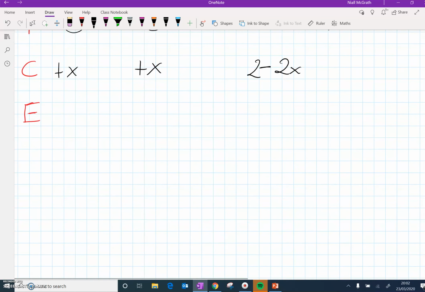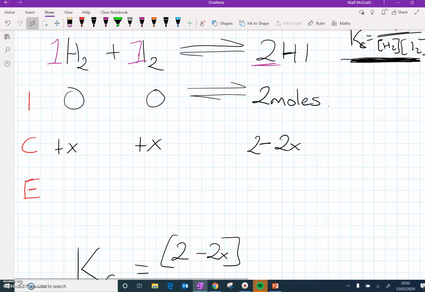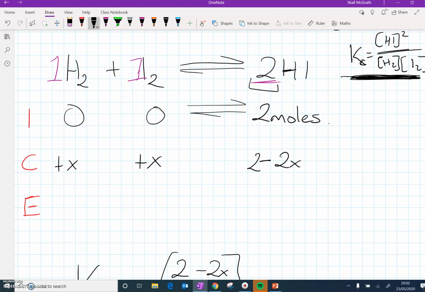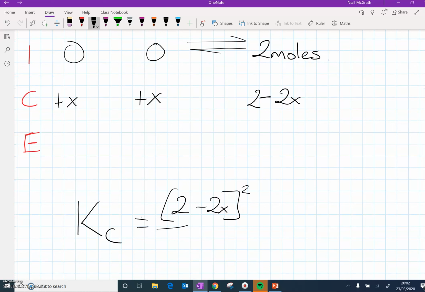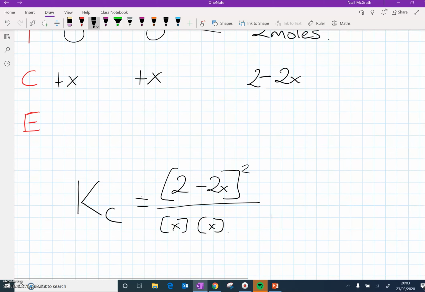At our Kc, again we have products on top, so this is going to be 2 minus 2x, and it's going to be squared. And underneath we're just going to have x squared.